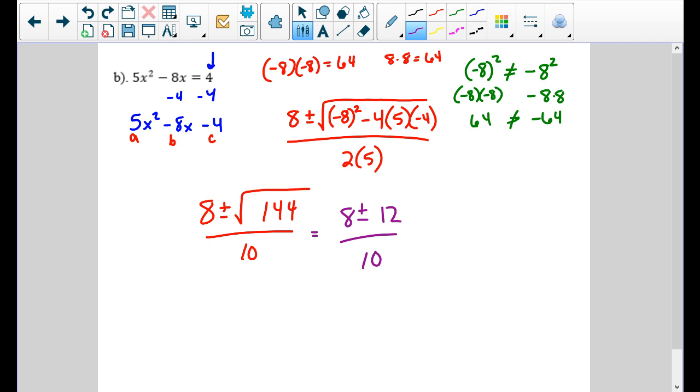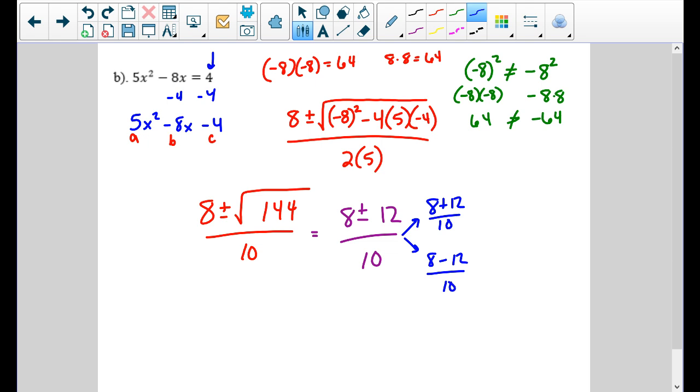And so now, nice neat numbers, 3 sets of numbers here, 1 on the bottom, 2 on the top. So now I can take and I can split this up into my 2 solutions. So I have 8 plus 12 over 10, 8 minus 12 over 10.